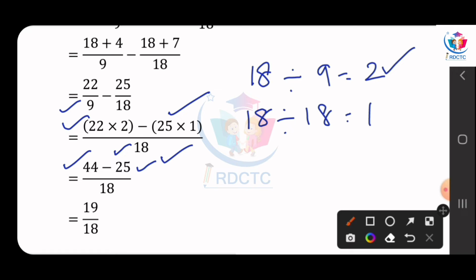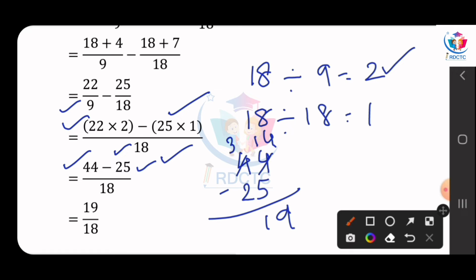Okay, now we subtract 25 from 44. As 4 is smaller than 5, I borrow 1 from the 4 and I write here 14. Okay, 14 minus 5 equals 9 and 3 minus 2 equals 1. That is why I write here the answer is 19 by 18.